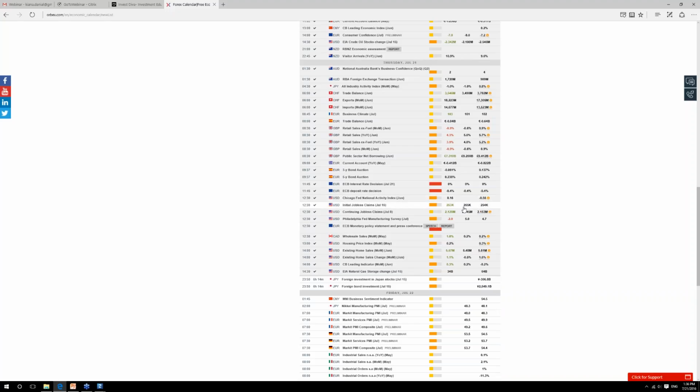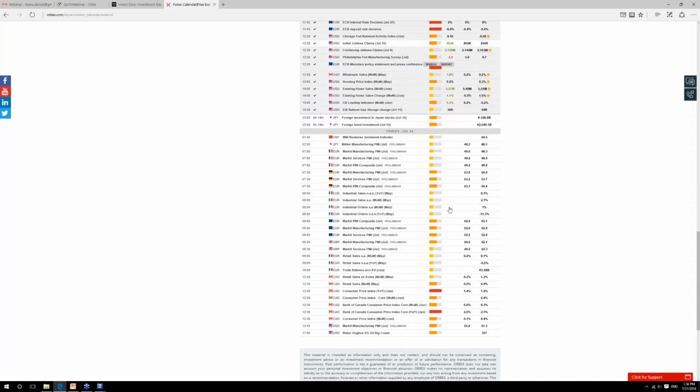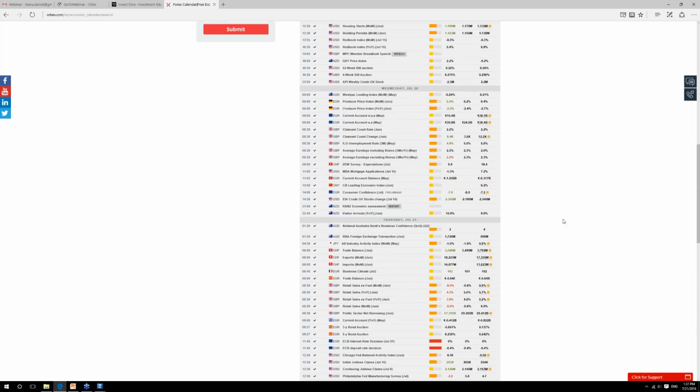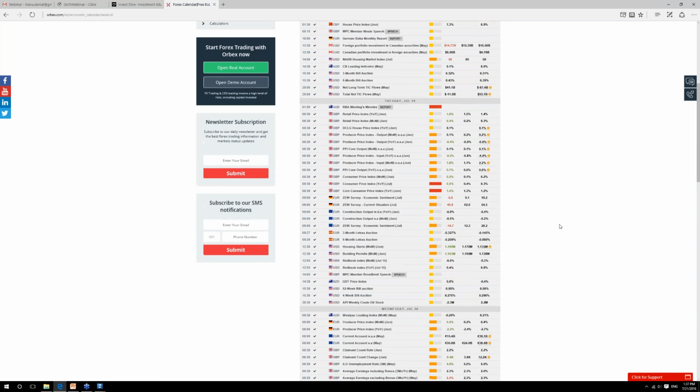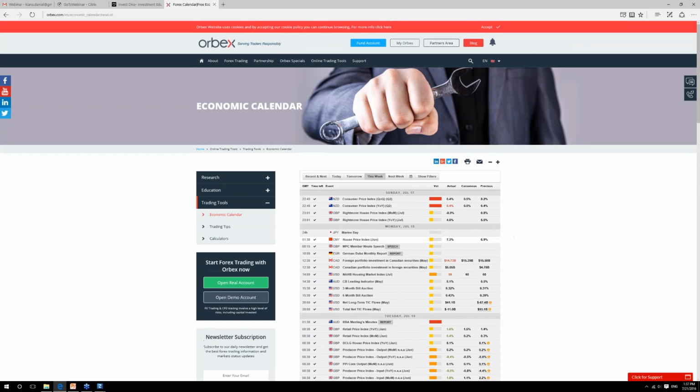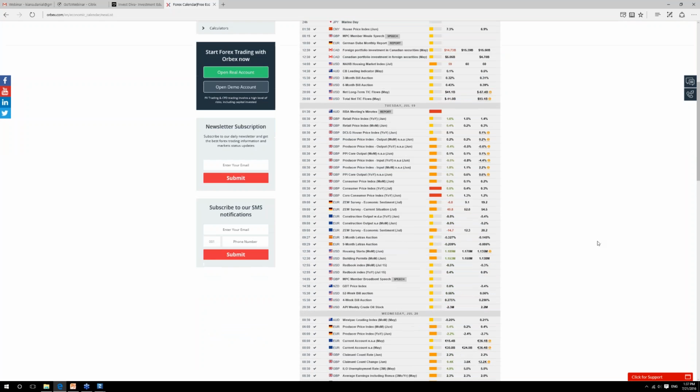The expectation was 265, and it came at 253, better than last month, the initial jobless claims. And then tomorrow, Friday, we're going to have the manufacturing PMI from the US as well as a bunch of other countries. I just quickly want to go through US dollar and how this has been going, and it seems like the US is actually not doing that bad.